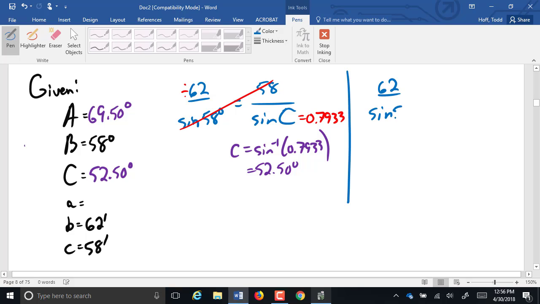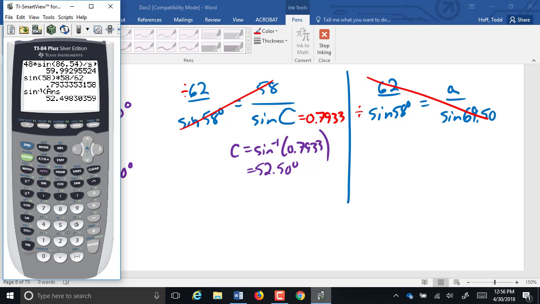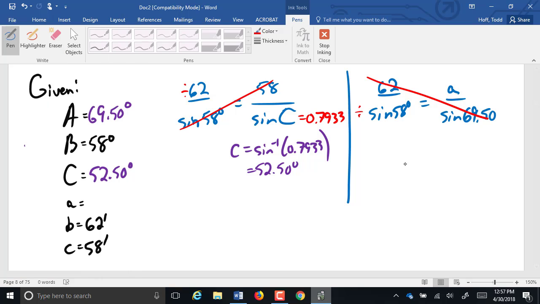We go back. Perfect. So we go back to the 62 over the sine of 58, and A is over the sine of 69.50. So we're going to cross multiply and divide in that direction this time. 68.48.